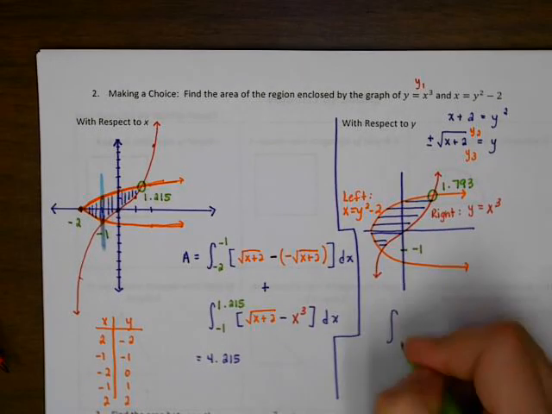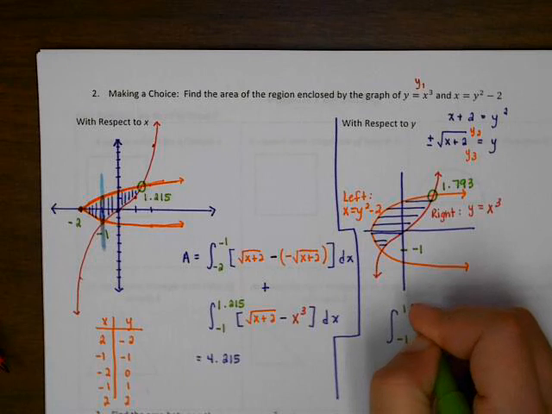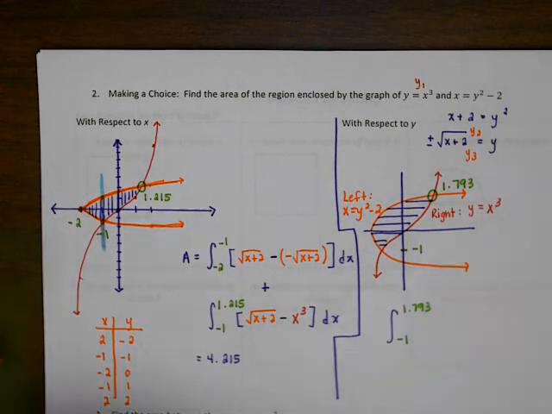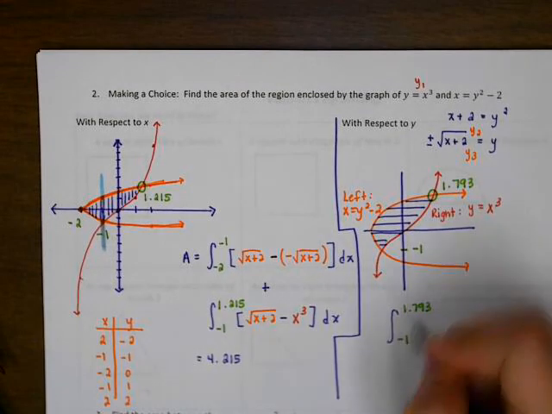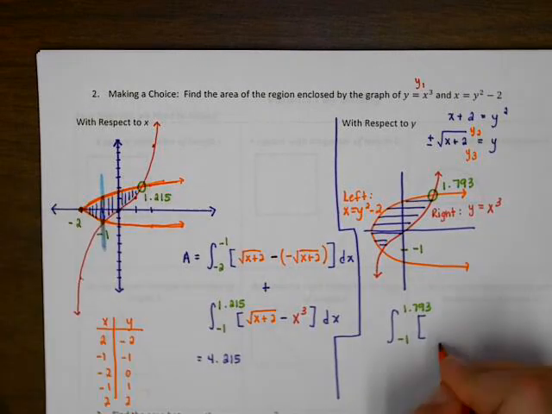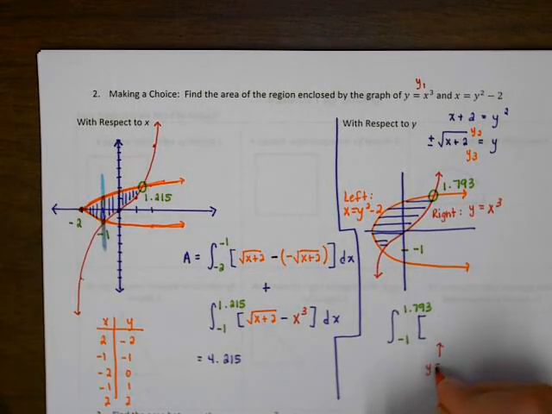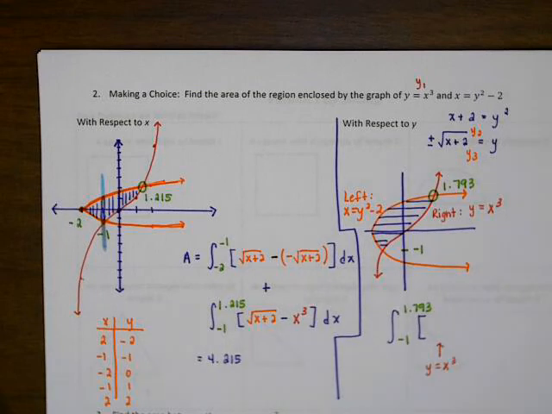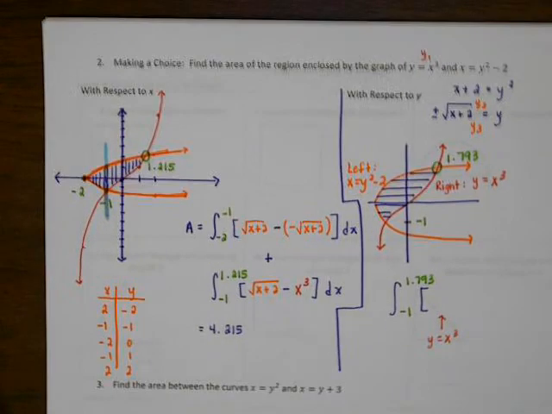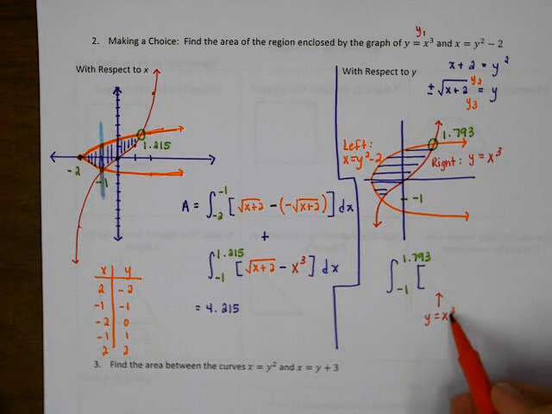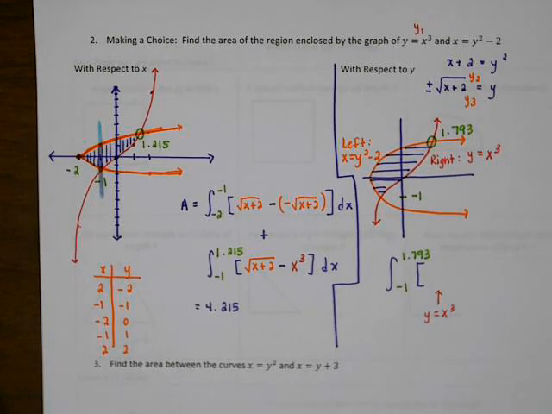So I would integrate from -1 to 1.793. Instead of doing top minus bottom, I would be doing right minus left. However, you can't put an x inside of an integral if you're doing right minus left. You need to have a y.